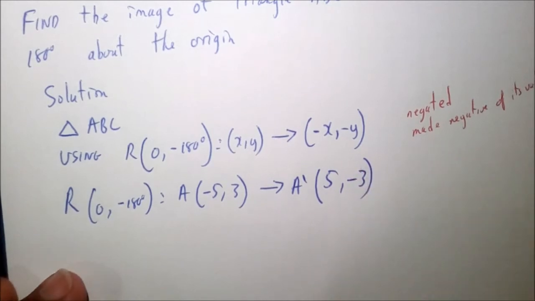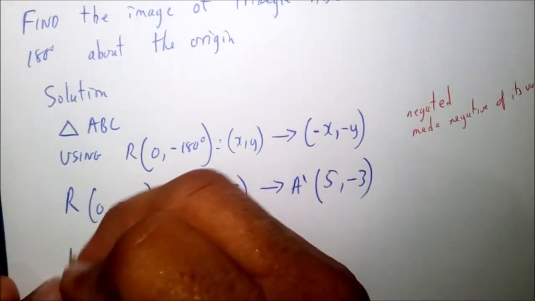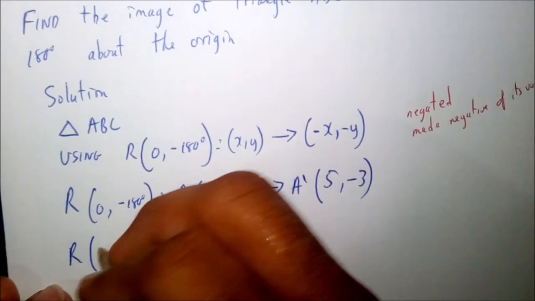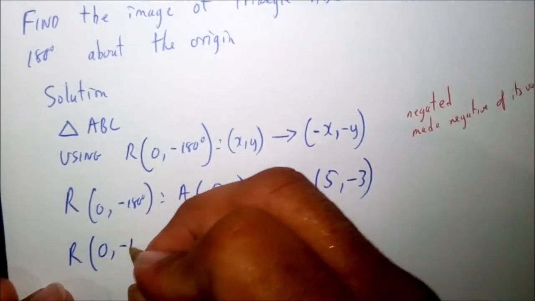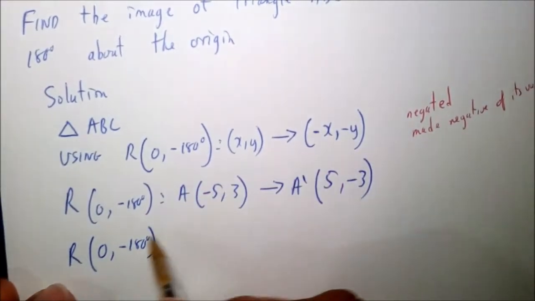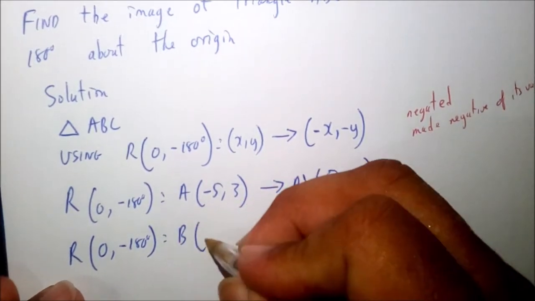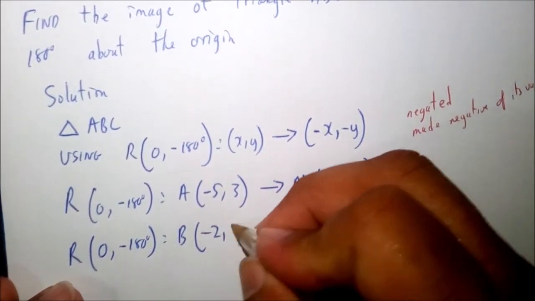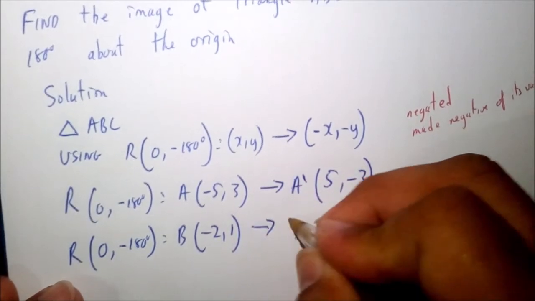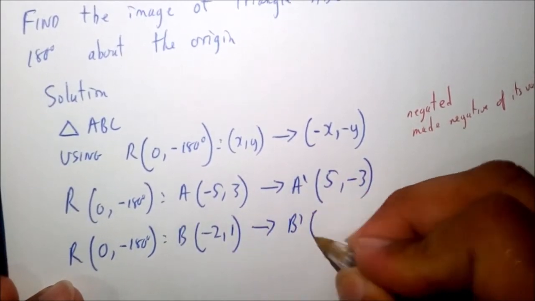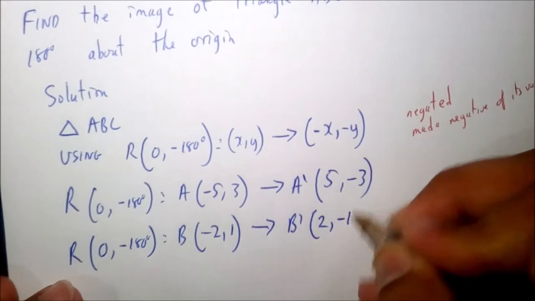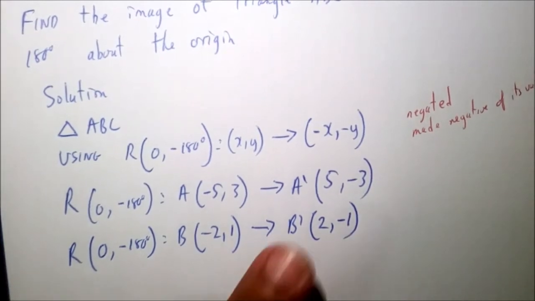All right, so we go to the second point. We get that the rotation 0, -180 degrees, which tells you what direction it's going, is such that the point B, (-2, 1), will go to B prime, (2, -1).